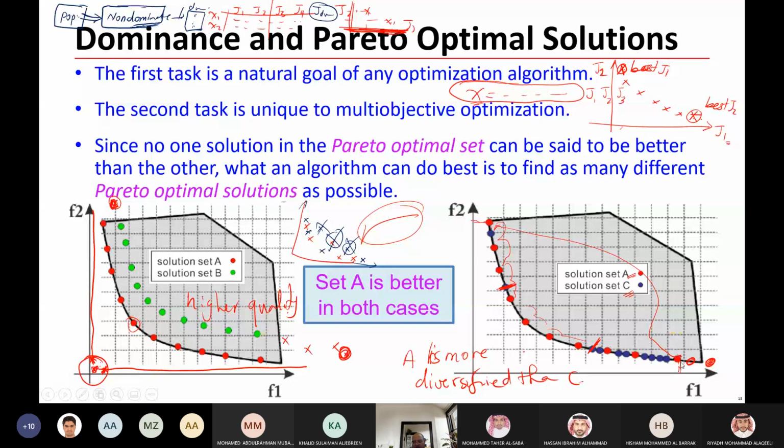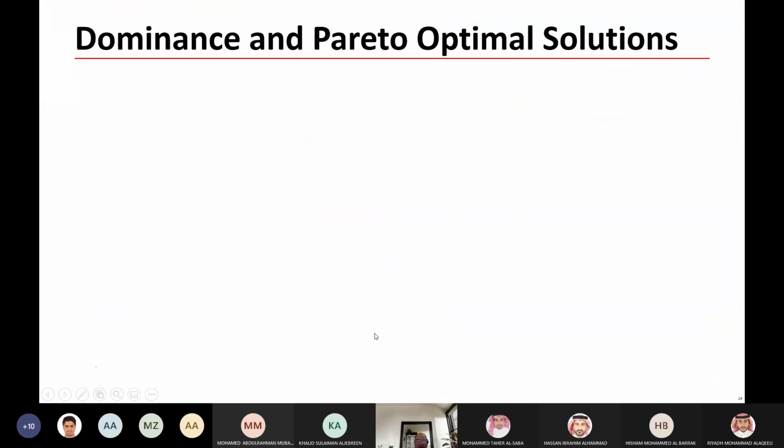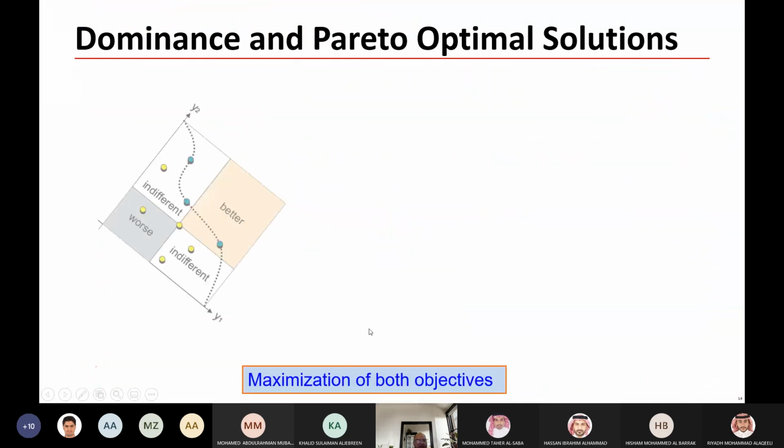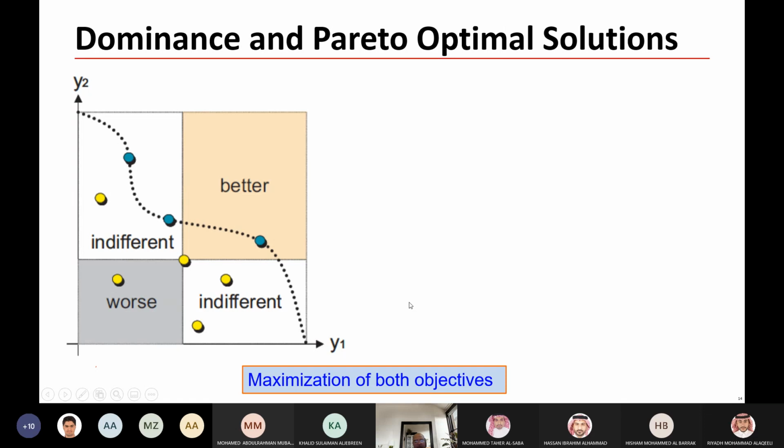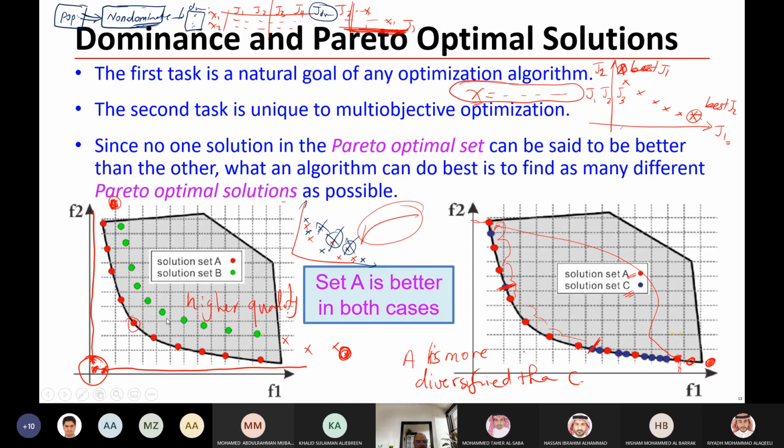And here also set A is better than set C in terms of the diversity. You can see that set A is well distributed over the front. So this is for minimization problem, we need to push in this direction.